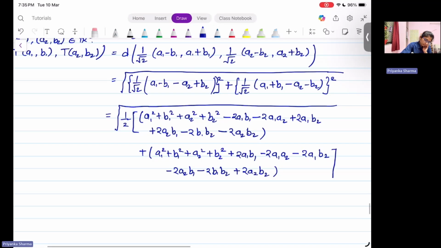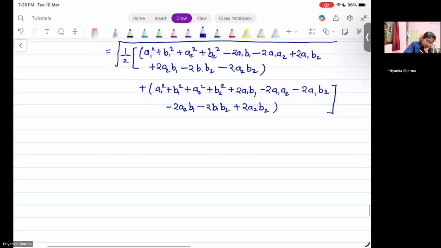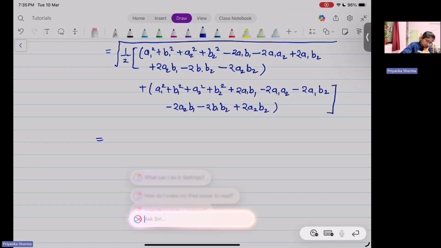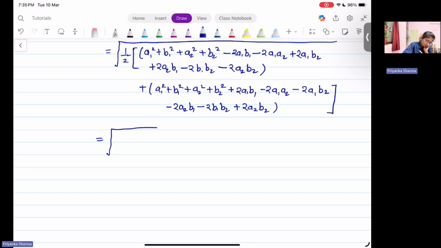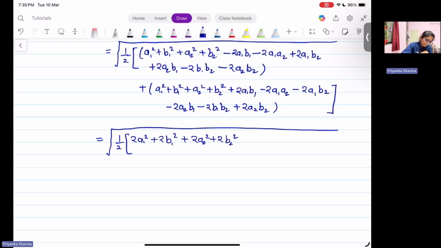Okay, so this is the same as the square root of half of 2 A1 square plus 2 B1 square plus 2 A2 square plus 2 B2 square minus, okay, so these terms will be cancelled out. This will be minus 4 A1 A2 and minus 4 B1 B2.